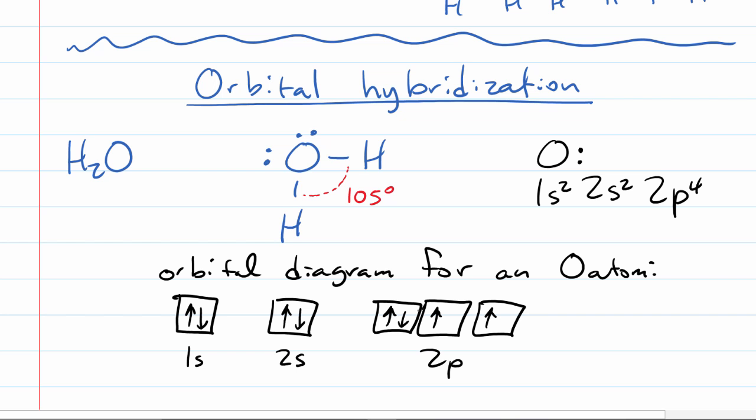Okay, so once we put that, then we go back and remind ourselves what these 2p orbitals look like. And if you remember what these look like, basically the p orbitals represent this dumbbell shape where the electrons are arranged along an x, y, and z axis.